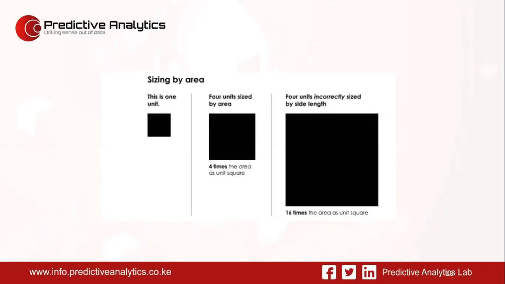I hope you get the concept here. It's not adding up. This is 16 times the area of the unit square, and this is 4 times. So you should be careful about sizing by area.